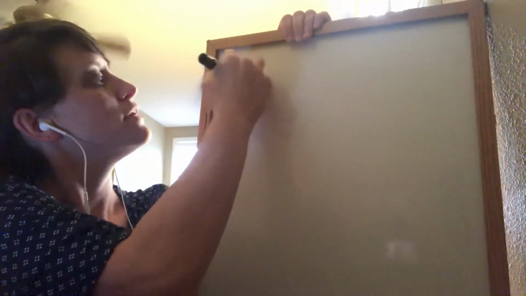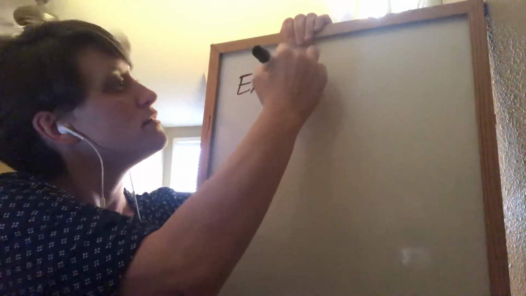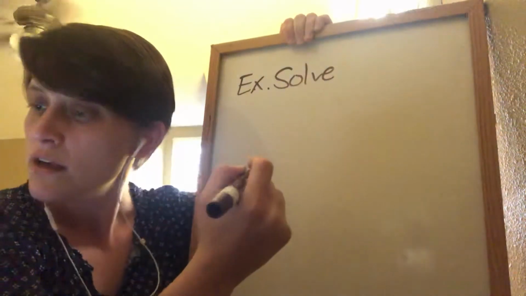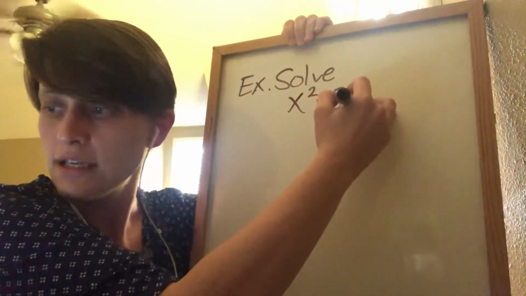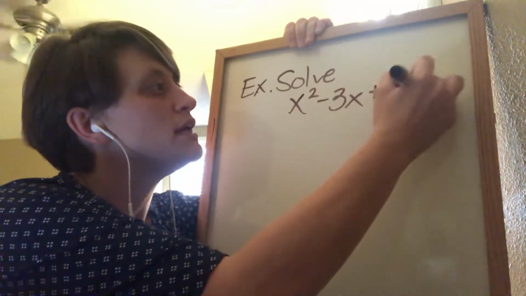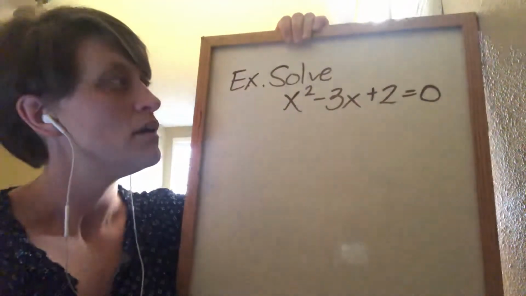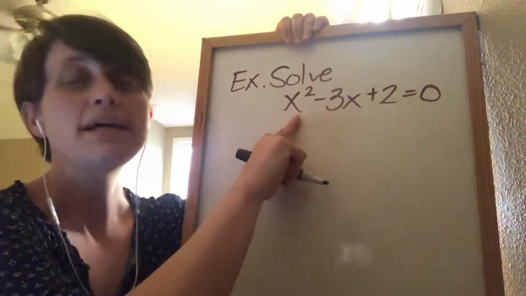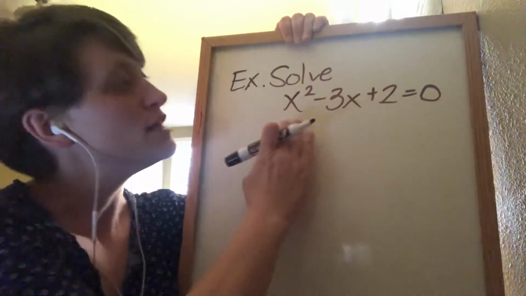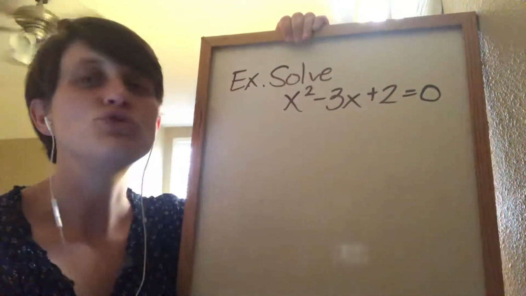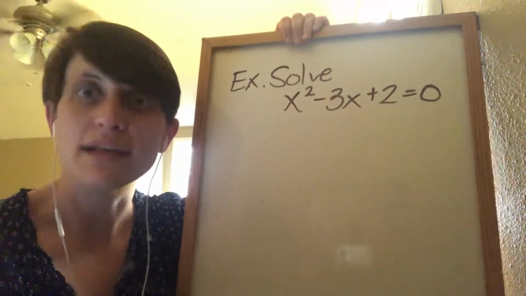All right, so we're going to solve x squared minus 3x plus 2 equals 0. Again, this is an equation that involves an x squared that we have never dealt with before. But what we're going to try to do is turn this side into two pieces that we do know how to deal with.